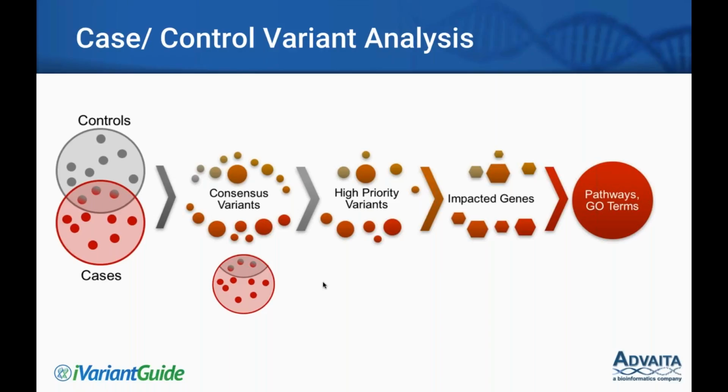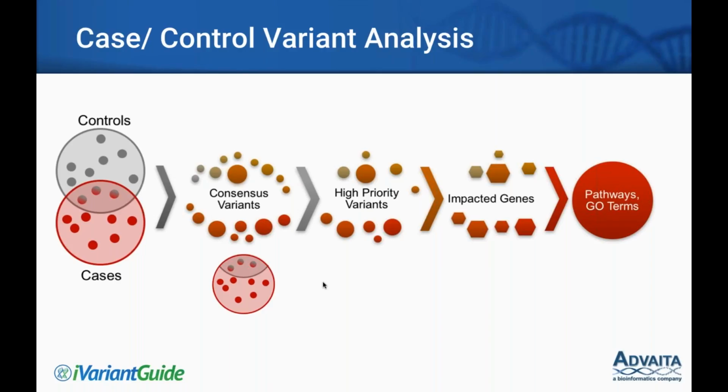The first step is to go from consensus variants to high priority variants. Not every single variant in that set of consensus variants is going to necessarily have an effect on our phenotype. So we do filtering in order to identify the ones that we think are most likely to be important. And then we go from high priority variants to impacted genes. And I'll talk more about how we do that soon.